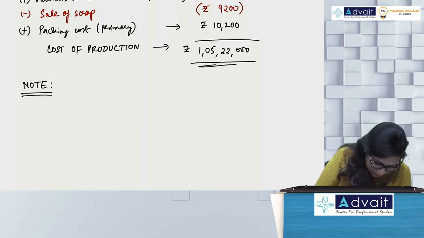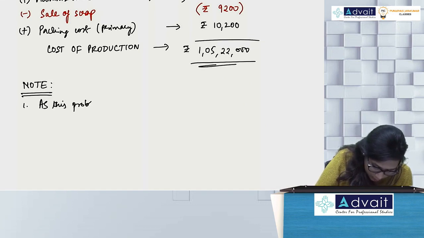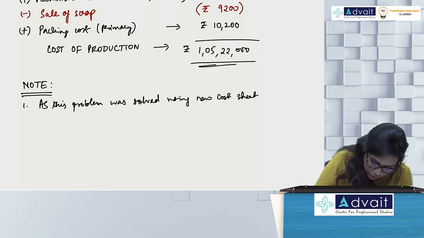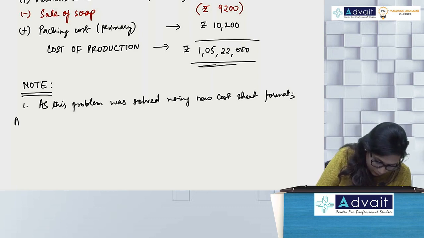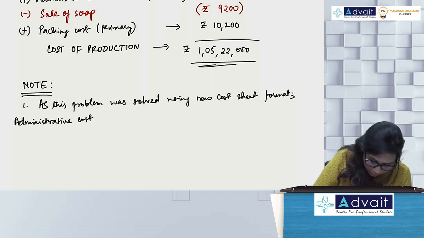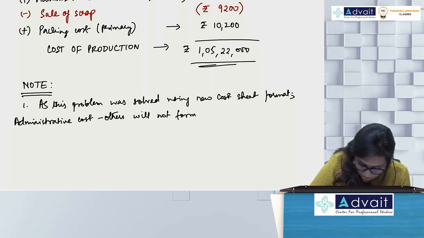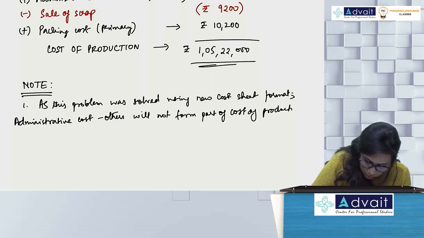What note? First, as this problem was solved using new cost sheet format, administrative cost others will not form part of cost of production.